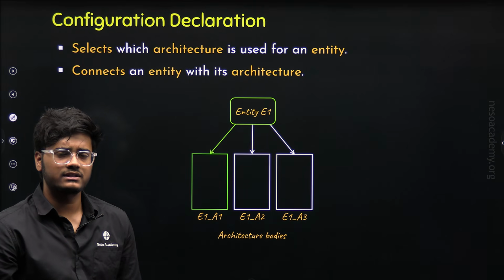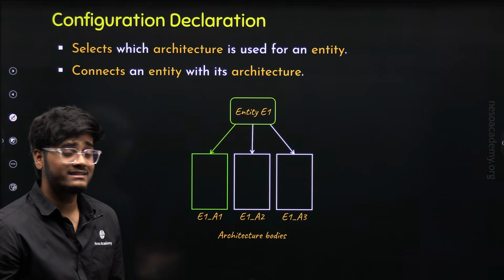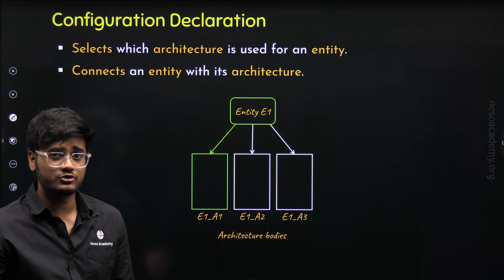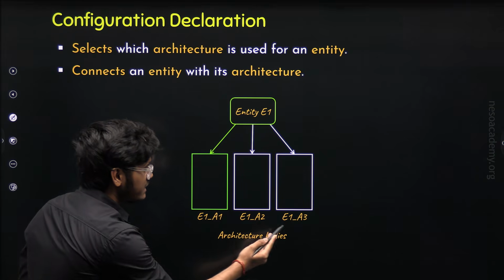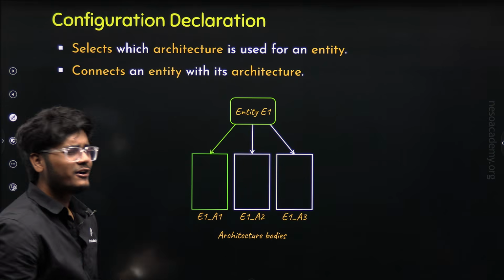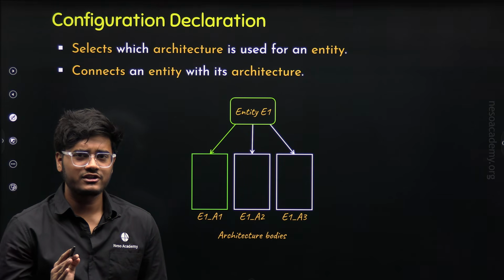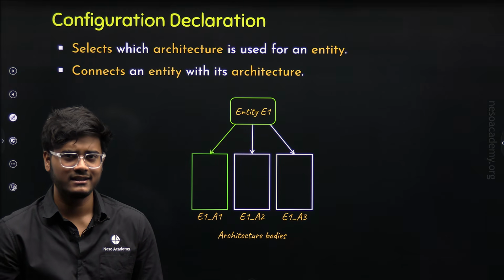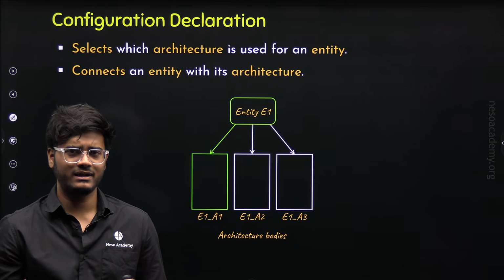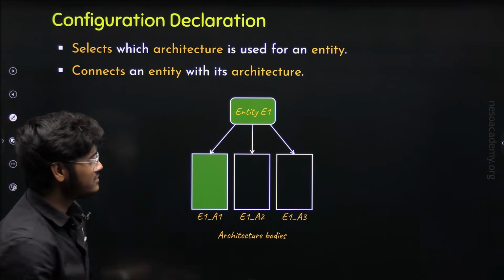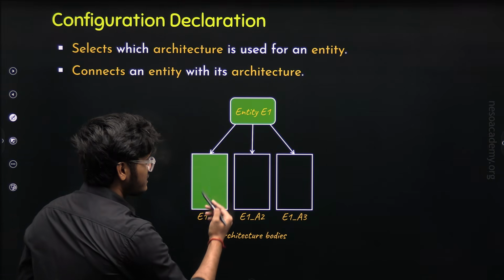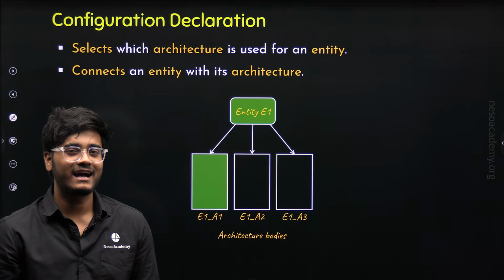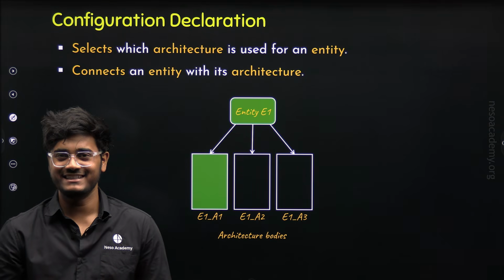And each architecture describes the system in different ways. And configuration is used to select one of these different ways. So overall, configuration selects one architecture from multiple. So I hope you understand the definition clearly.